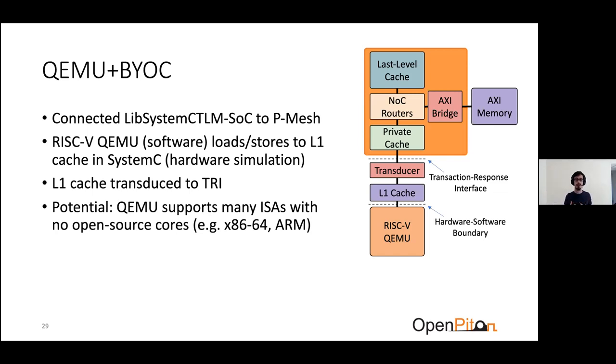So instead you can do this in software simulation, and that gives you better visibility into your design. And so we were really interested in this, right? Because if we could make use of this, we could connect QEMU into BYOC, and then you could have ISAs that we otherwise don't have open source implementations of, right? So you can imagine x86-64 or ARM or other things that are out there. Even some weird legacy ISA that I've never seen before.